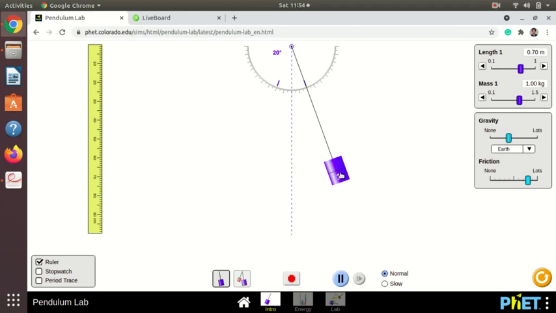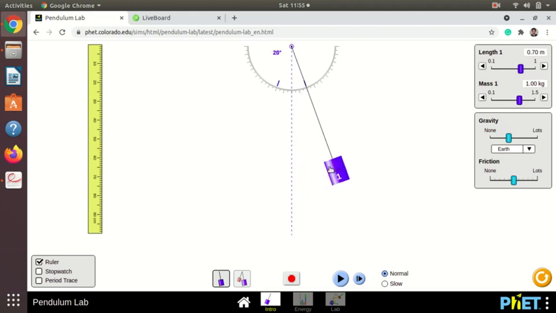So I will note first 20 degrees, and then I will note 15 degrees. So I will release this, 1, 2. So by the second oscillation itself, the amplitude has decayed to 15 degrees because I have kept the friction very large. If it is less, suppose it is at this position, then I will do the experiment again.